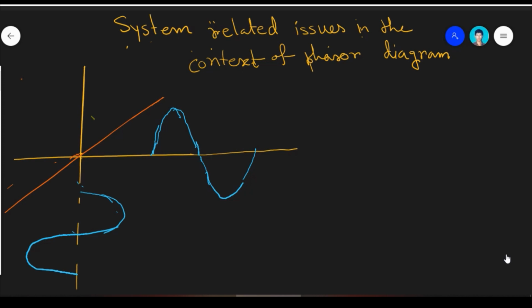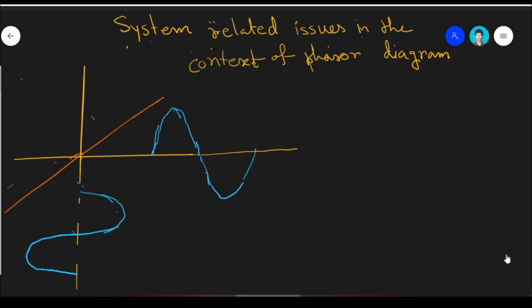Now here, as you know, I am not quite acquainted with the use of this pen tablet, so I have drawn this one. Let me try to explain what a linear system is, or more precisely, while we are considering the phasor diagram, our main interest is to understand how a system behaves with a sinusoidal input, right?